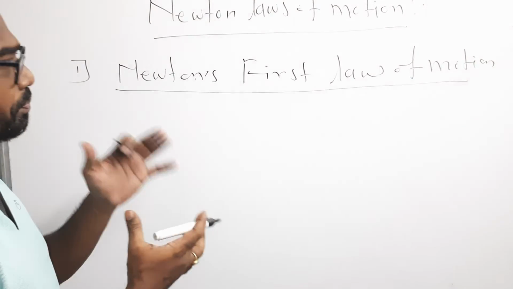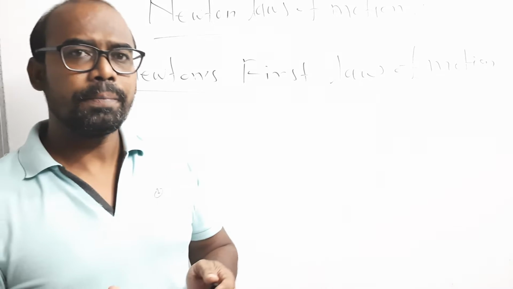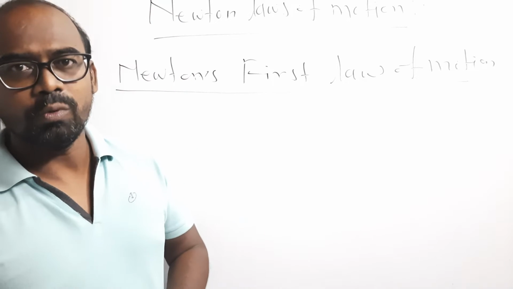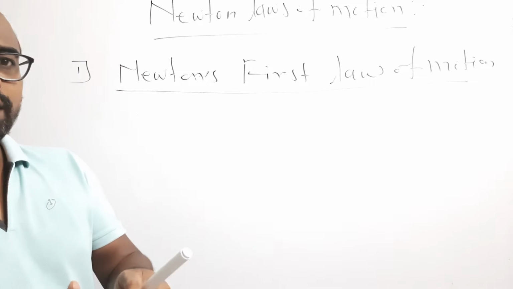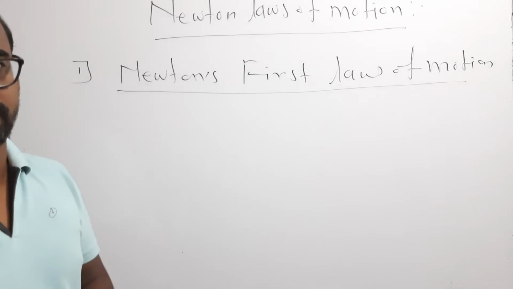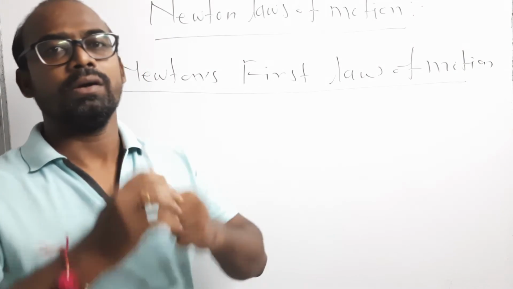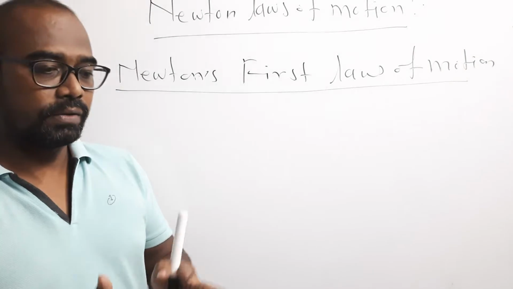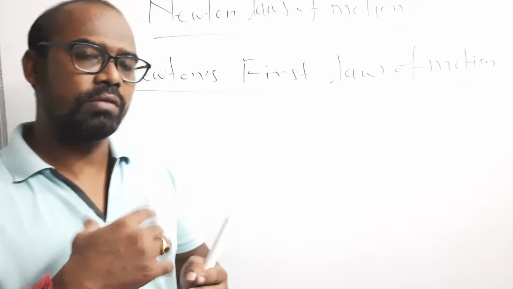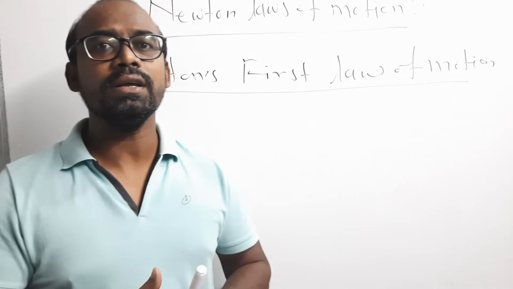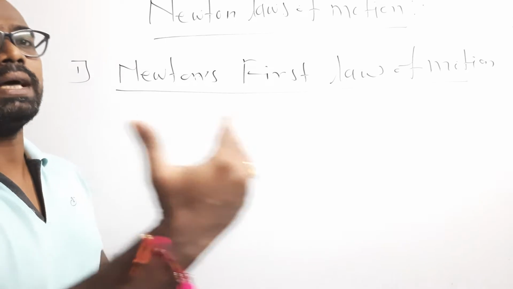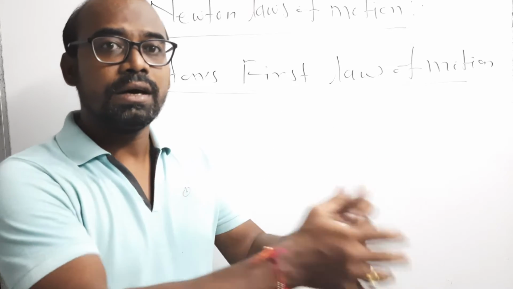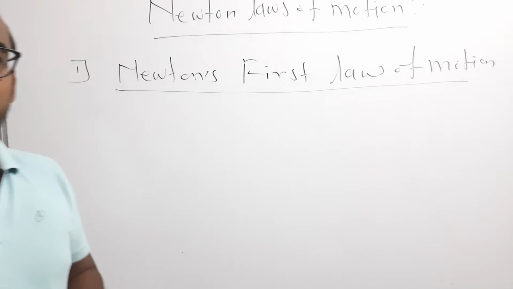What he said: a body is at rest or in uniform motion unless some external force is applied on that object or body. What is the meaning of that? I'm repeating once again, a body or object is in a state of rest or in uniform motion unless and until some external force is applied on the object.